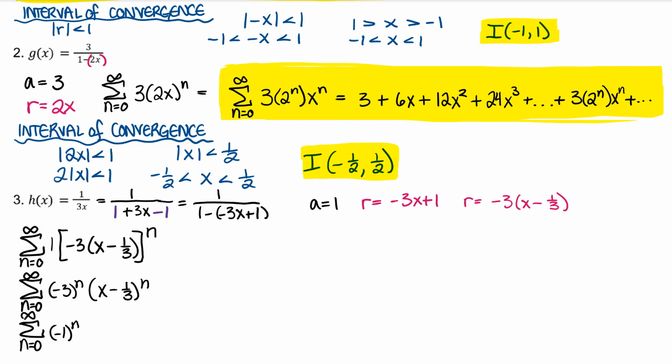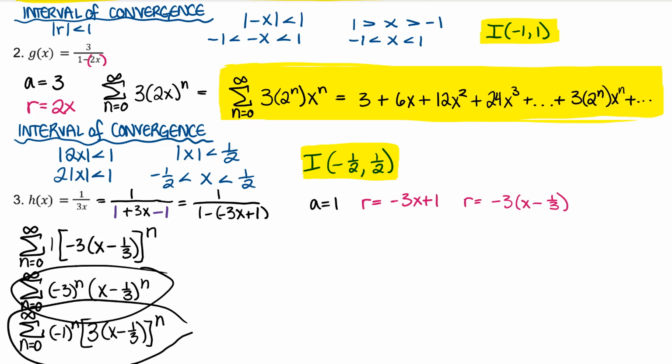Also could be written by taking out that -1, the alternator, and we could write it like this, or even with the 3 to the n separated. Let's find our first 4 terms.